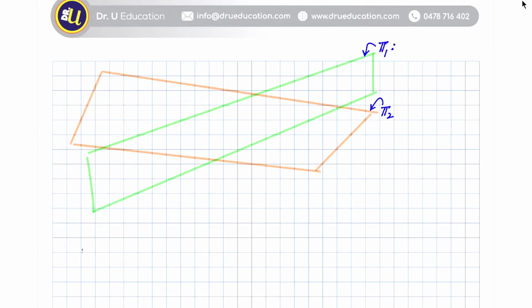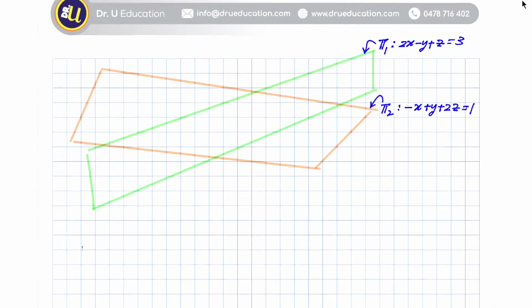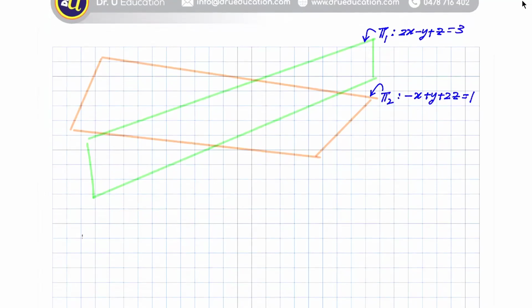Now let's try to figure this out. Suppose you have this plane, 2x minus y plus z is equal to 3, and this one, minus x plus y plus 2z is equal to 1. Now when two planes are intersecting, think about two lines intersecting, linear lines.